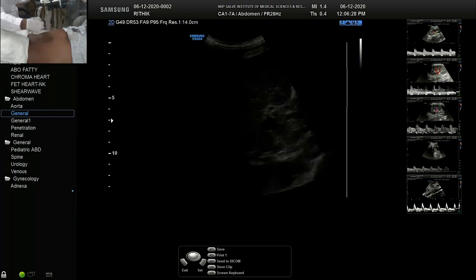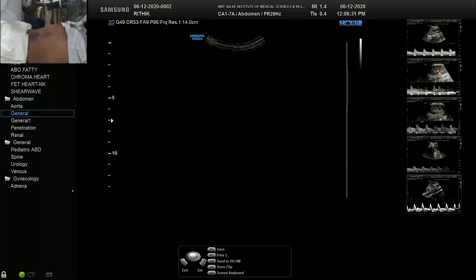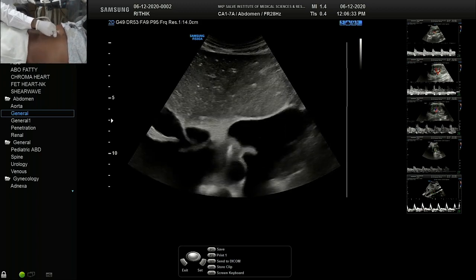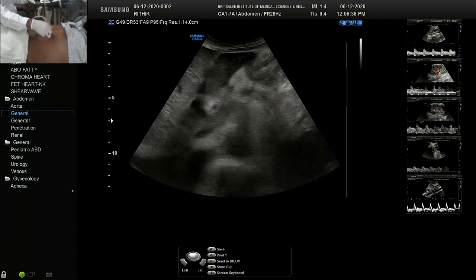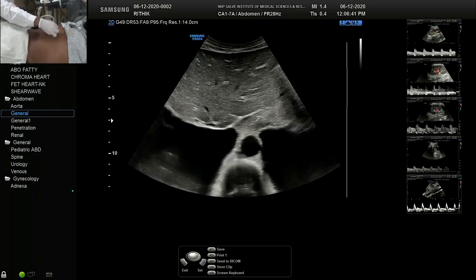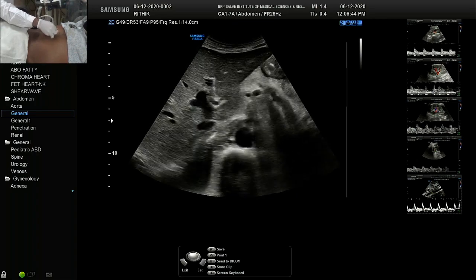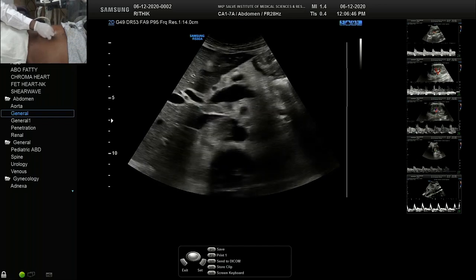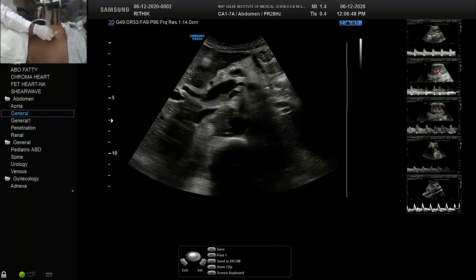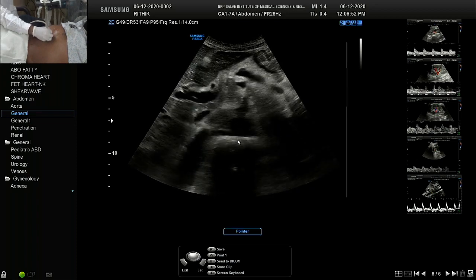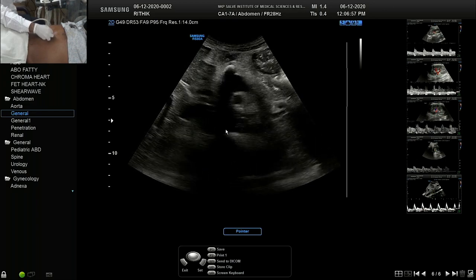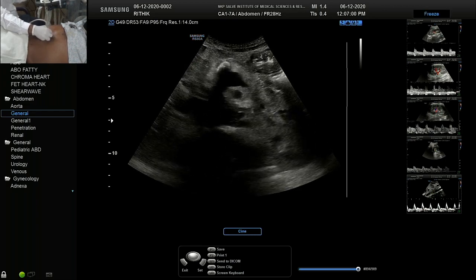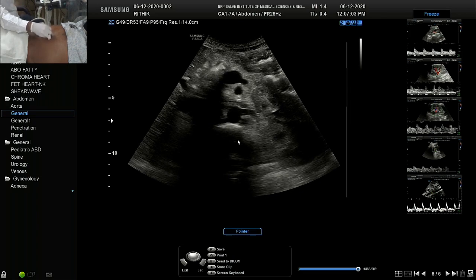So almost a triphasic flow pattern here. So we go back. Move a little this way. So that is the celiac trunk. The celiac trunk coming up, that is the SMA with SMV, and this is the renal artery. You can see the left renal artery origin.